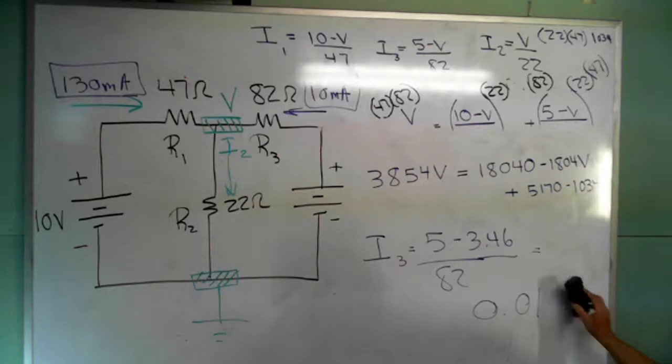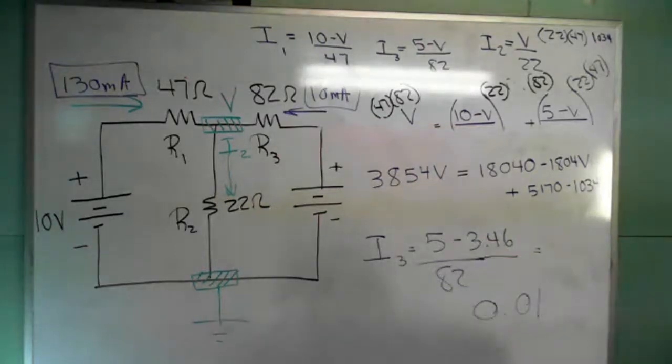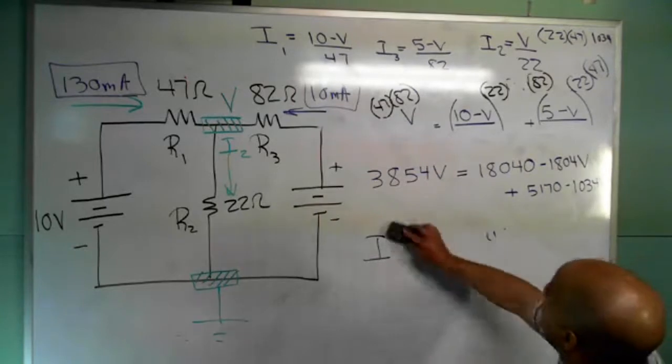So, if that's the case, then I2 has to be what? 140? If this is right, it looks like it's going to be 140, but let's go ahead and see what we get.